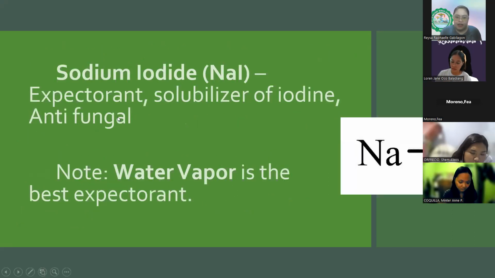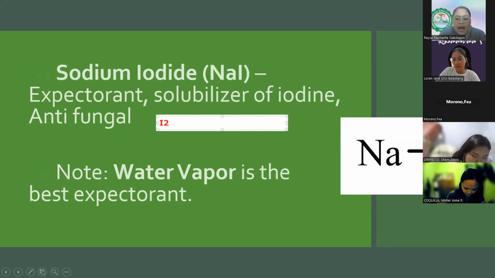Antiseptic na siya. And then, we have sodium iodide. Please take note, it is an expectorant. Okay, expectorant din siya, pero nasabi ko din kanina, the best expectorant is still water vapor. Now, aside from that, sodium iodide is a solubilizer of iodine. Iodine kasi is not soluble in water. The iodine itself, I2. I2 ha. It's a diatomic molecule.